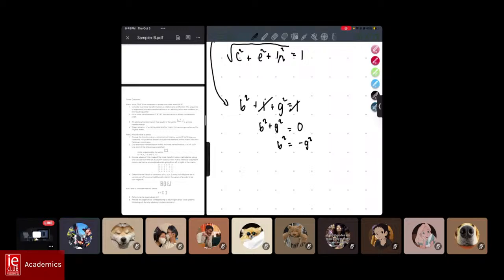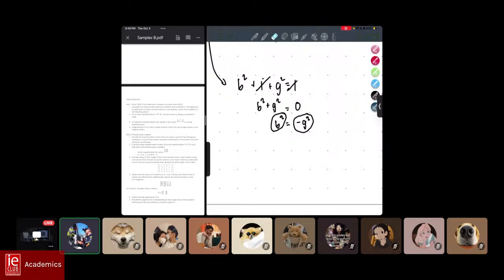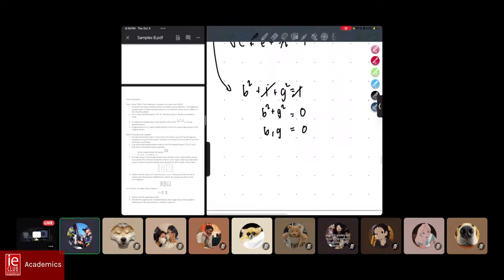Kasi the lowest possible number of this value is 0. And ito naman, the highest possible number of this value is 0. Kasi if it's G, like G equals negative 1, you square first before adding 1. So basically, ibig lang yan sabihin is B and G are both 0. So there. May information na tayo.